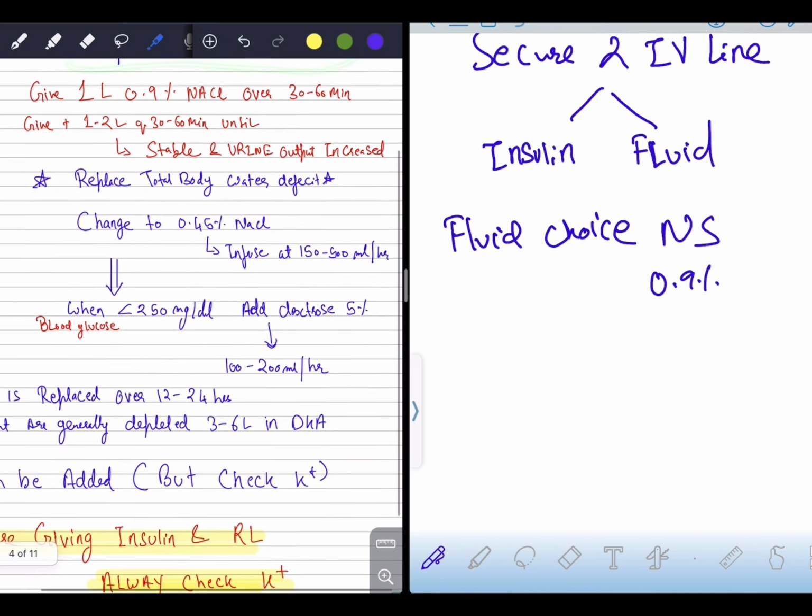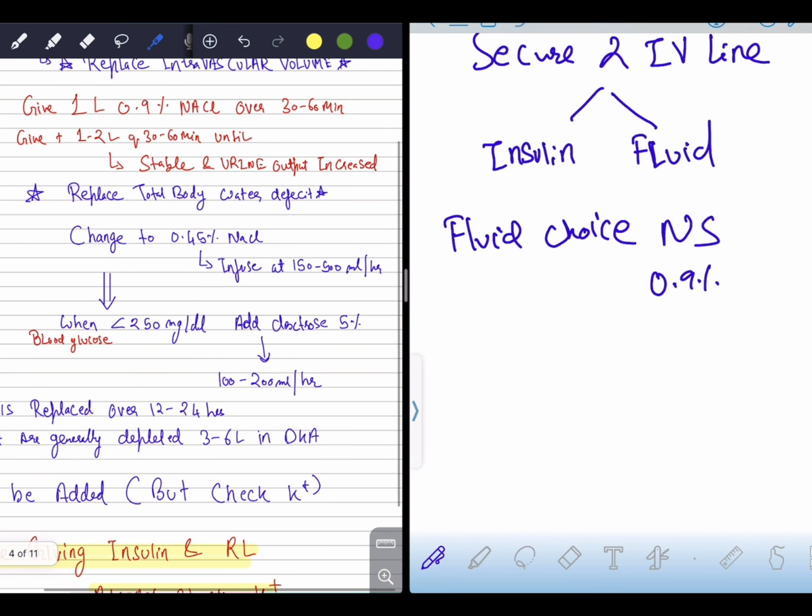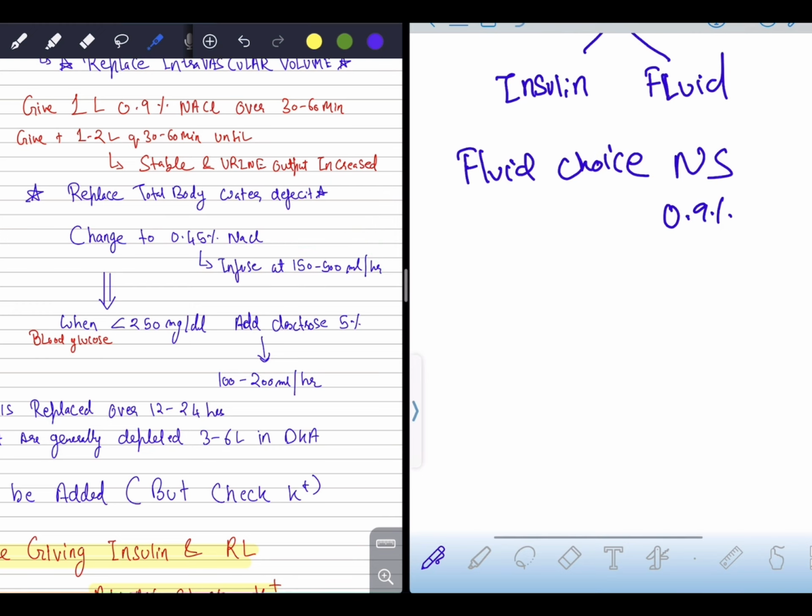Now, to replace the total body water deficit, we have to give 0.45% NaCl, which is half normal saline, and you will infuse it at the rate of 150 to 500 ml per hour. Because of giving fluid, the patient will have a great amount of urine and the blood osmolarity will dip down, right?